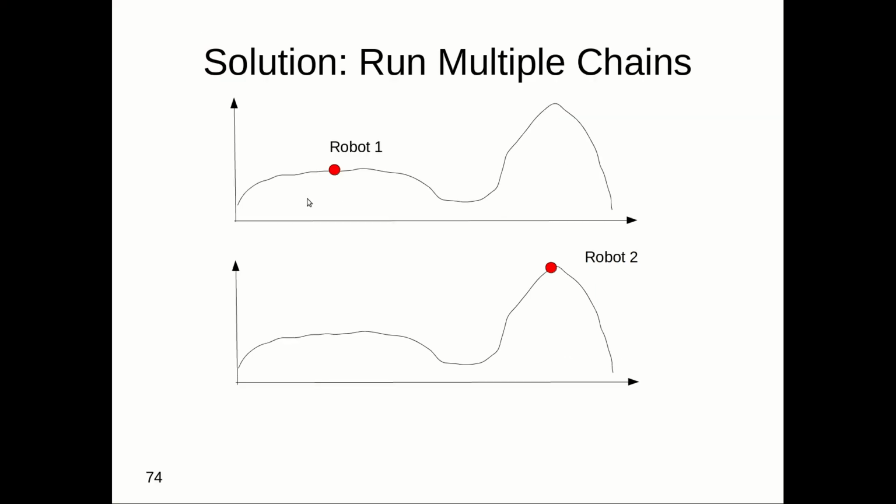So we just drop multiple robots on our planet or on our island whose topography we want to explore, and hope that, just by random chance, one of the robots reaches the areas of higher posterior probability.